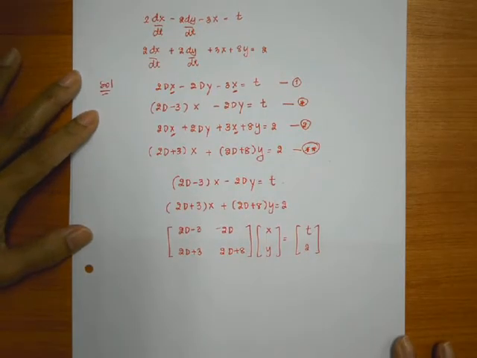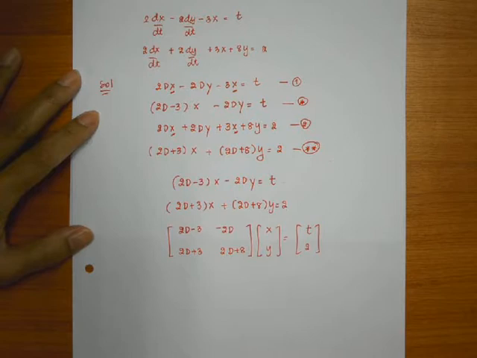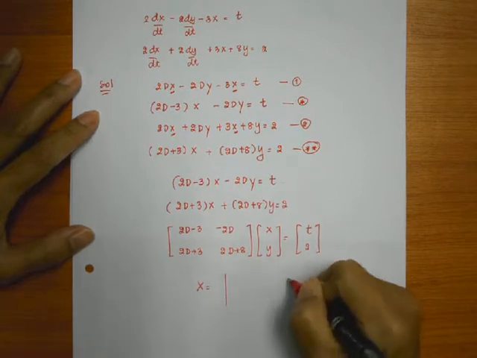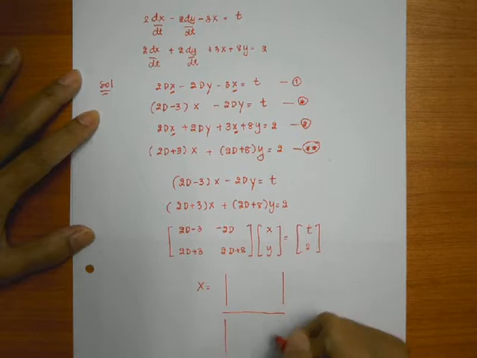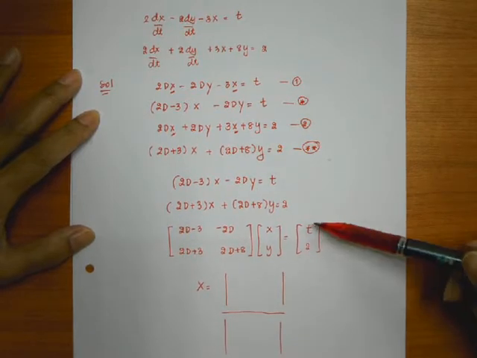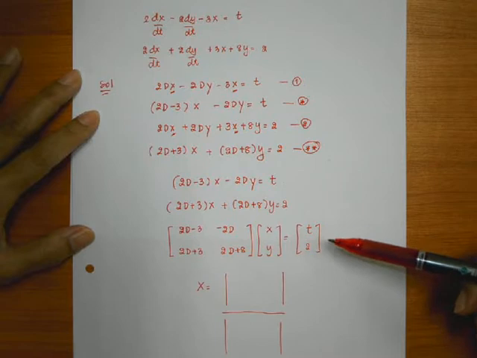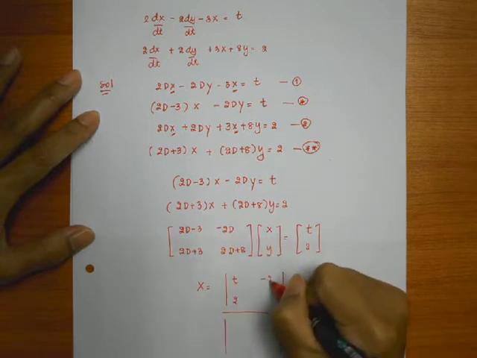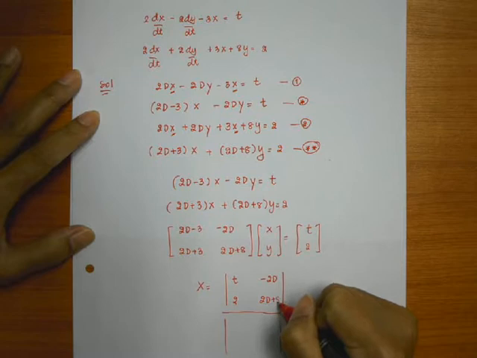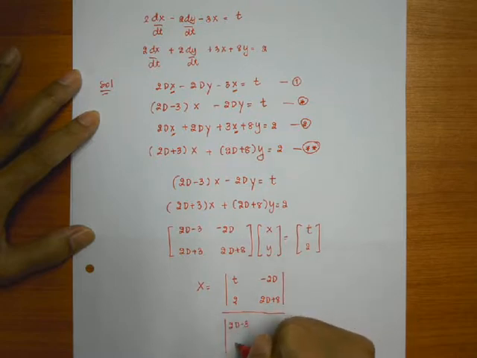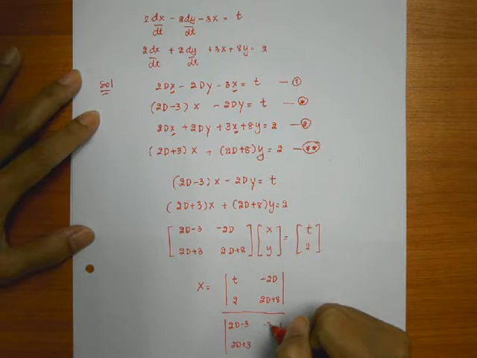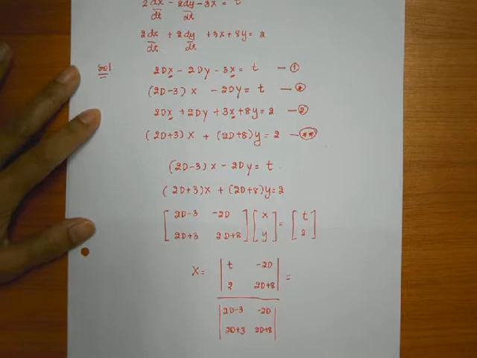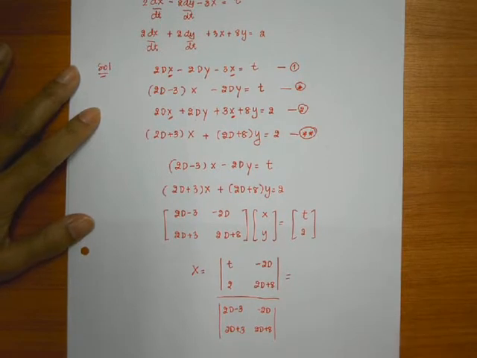Now, we are going to use Cramer's rule to find x. It's the determinant, right? We put the coefficients on the right-hand side of our equation, replacing the coefficient of x. And then we find the determinant.